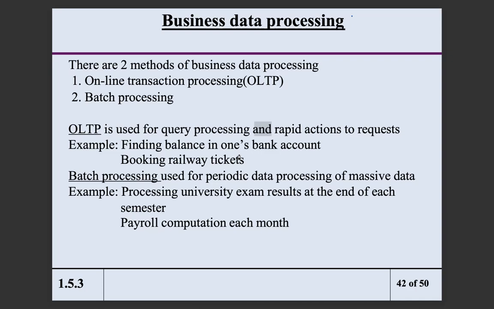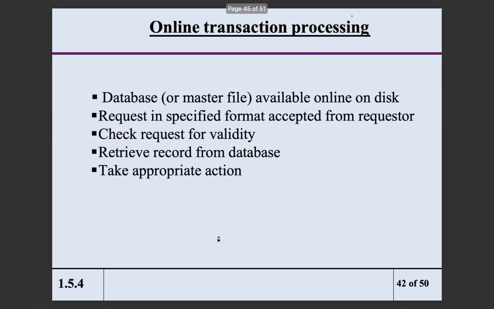Batch processing is used for periodic data processing of massive data. For example, processing university exam results at the end of each semester and the payroll computation each month as well.